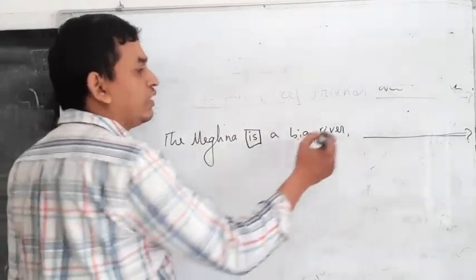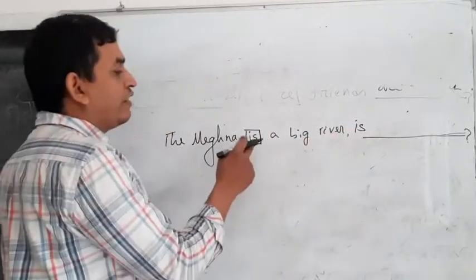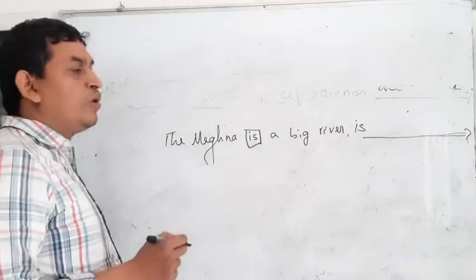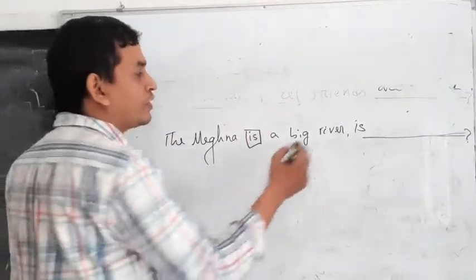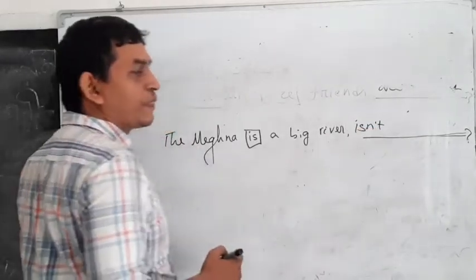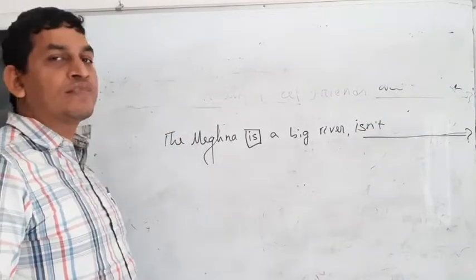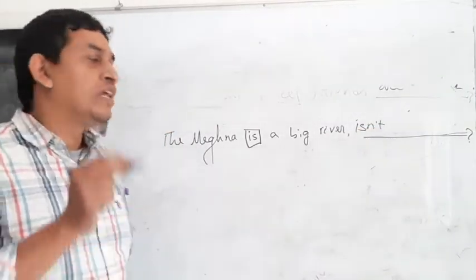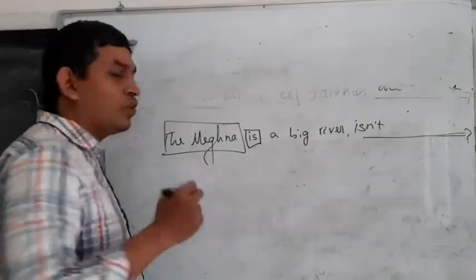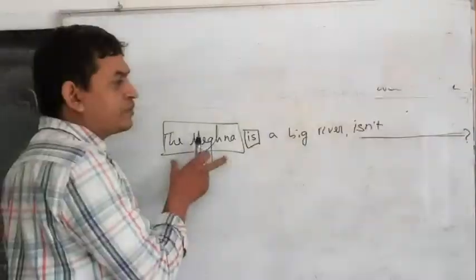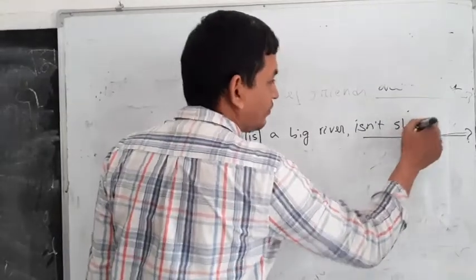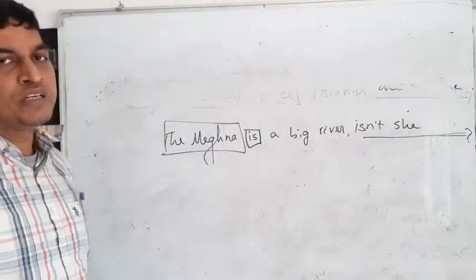In this sentence, we must write is, and as this is a positive form, we have to write it in negative form. We must write is not, isn't. Then after isn't, we have to write the pronoun of the subject. Here the subject is Meghna. The pronoun of the subject Meghna will be she.